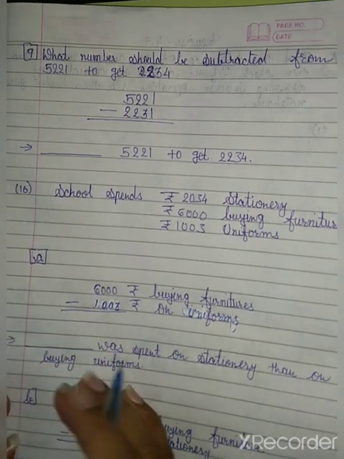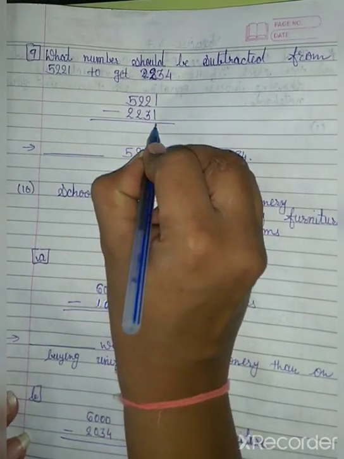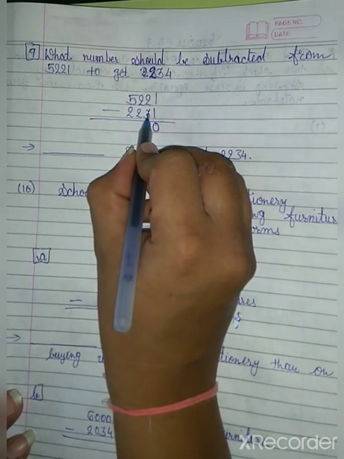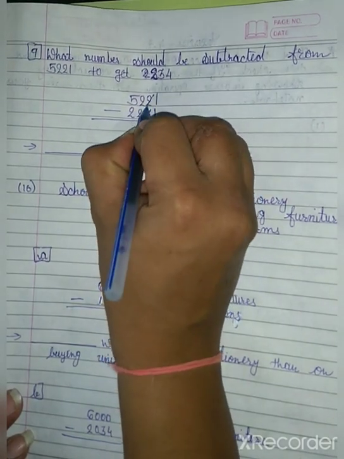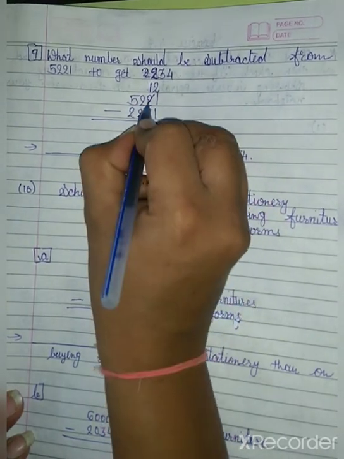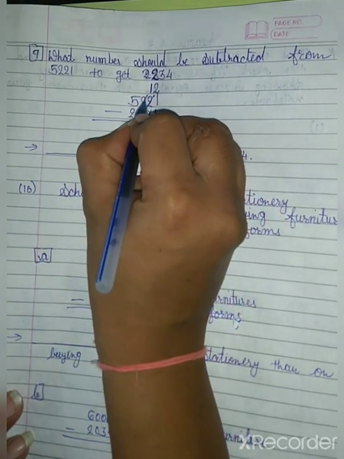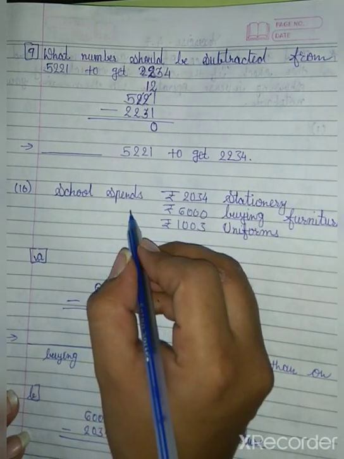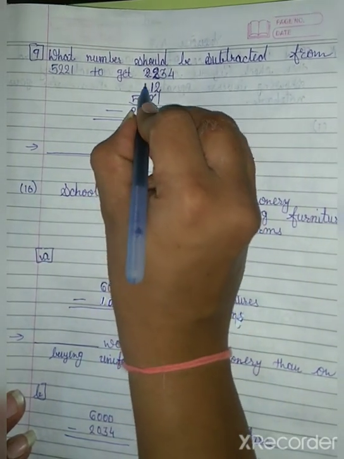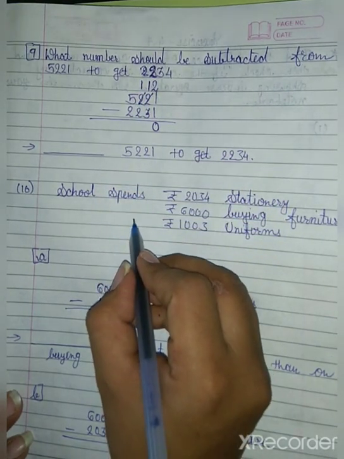For that we have to do the subtraction, that means 1 minus 1 is equal to 0, right? So 2 minus 3 is not possible. So what we have to take? We have to take a borrow 1 to 12, and whenever we are taking borrow, at that time in the next position we have to subtract 1 from that value. 2 minus 1, 1. So we have to put here 1.